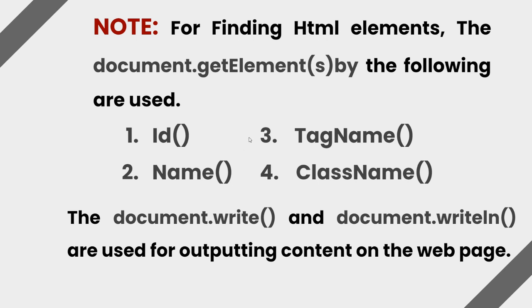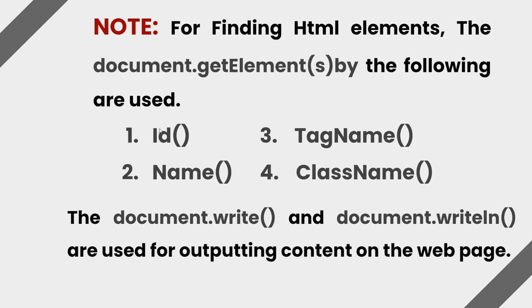So all this syntax here is actually connected with the document.getElements or getElement by this. For the first one, you would have document.getElementById. For the name, the tag name, and the class name, you would have document.getElements, because from 2 to 4 you can reference multiple HTML elements.